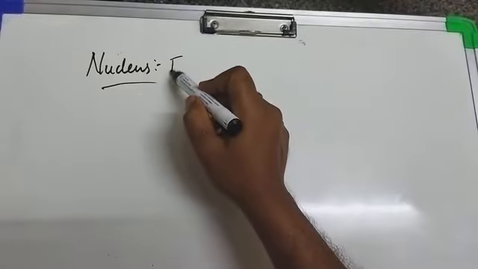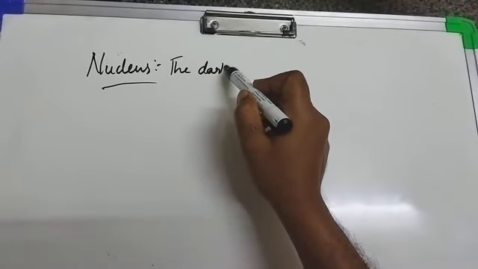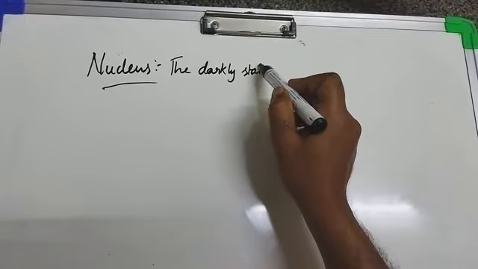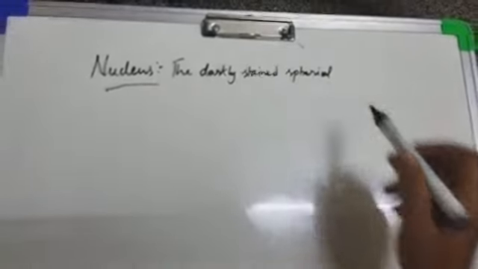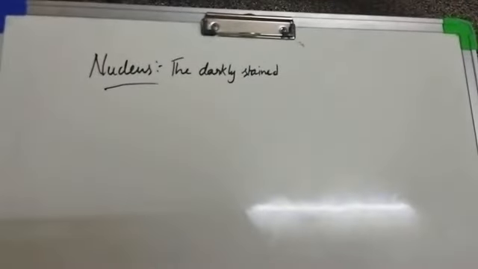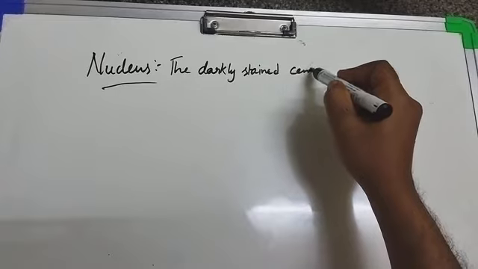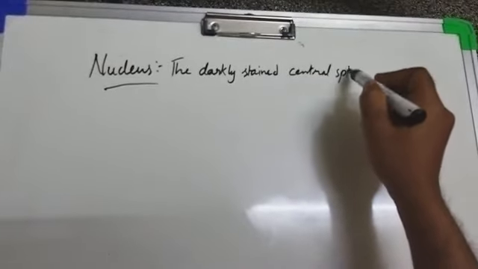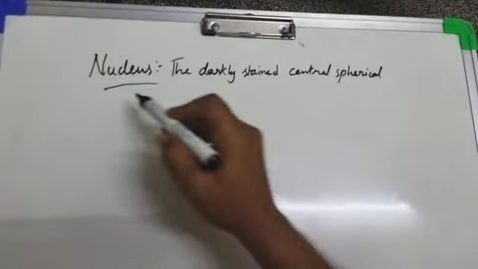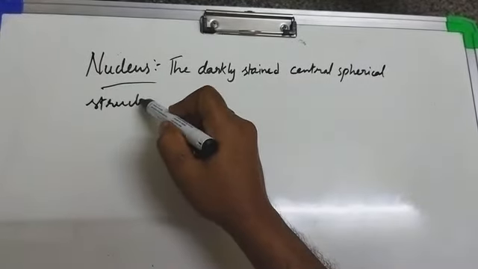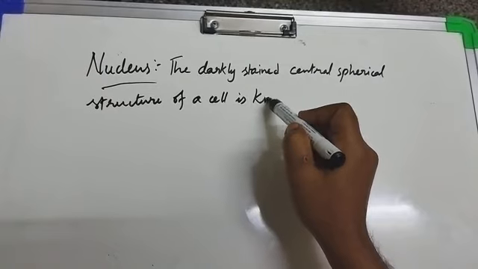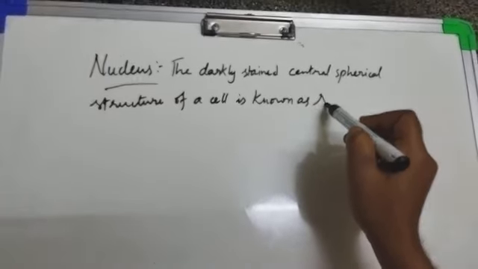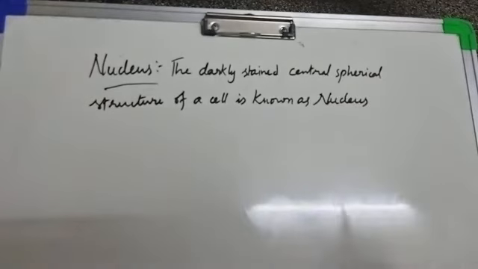The darkly stained central spherical structure of a cell is known as nucleus, right?